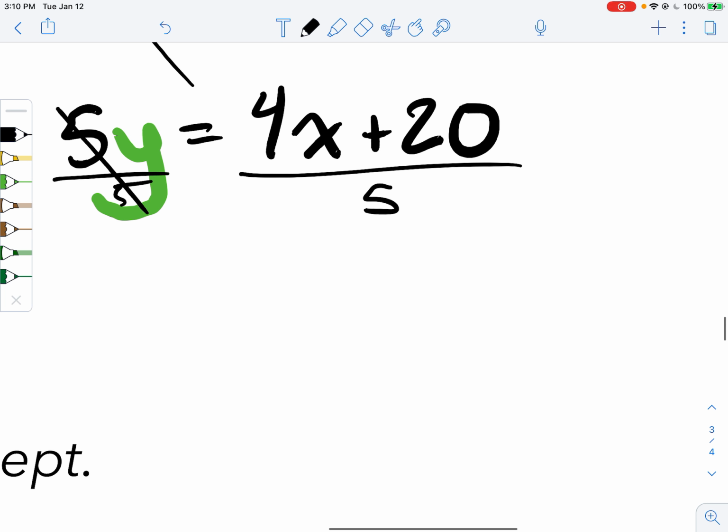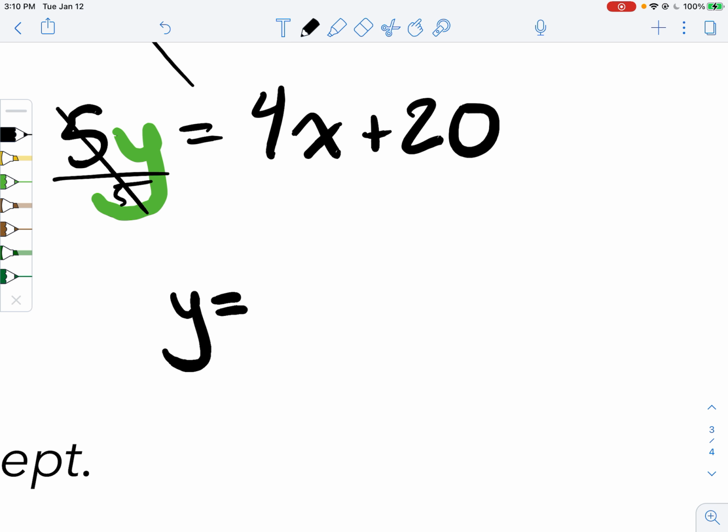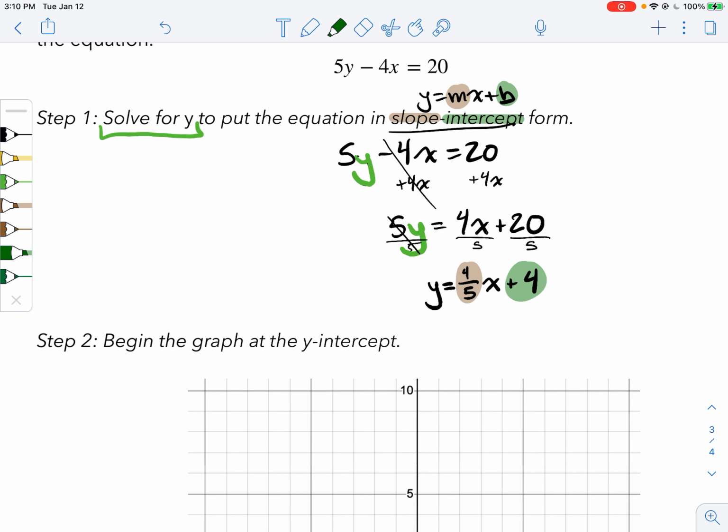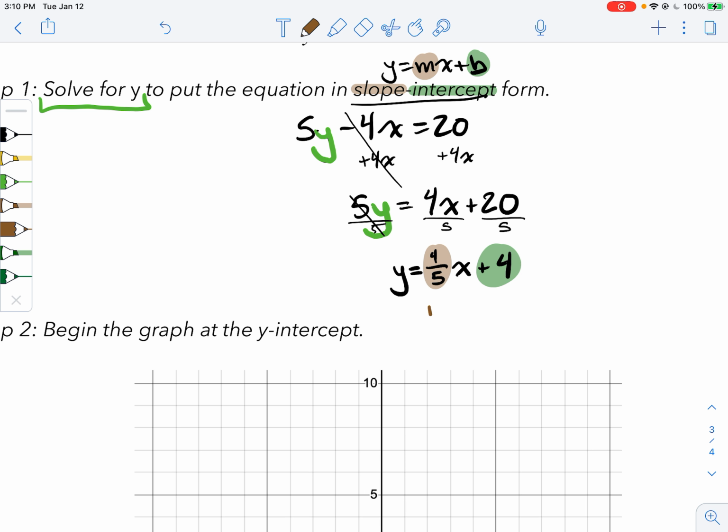These 5s will cancel out, giving us y equals, and this is the same thing as dividing 4x by 5 and 20 by 5. So we'll call this 4/5 x plus 20 divided by 5 is 4. And there you have it. We have slope-intercept form.